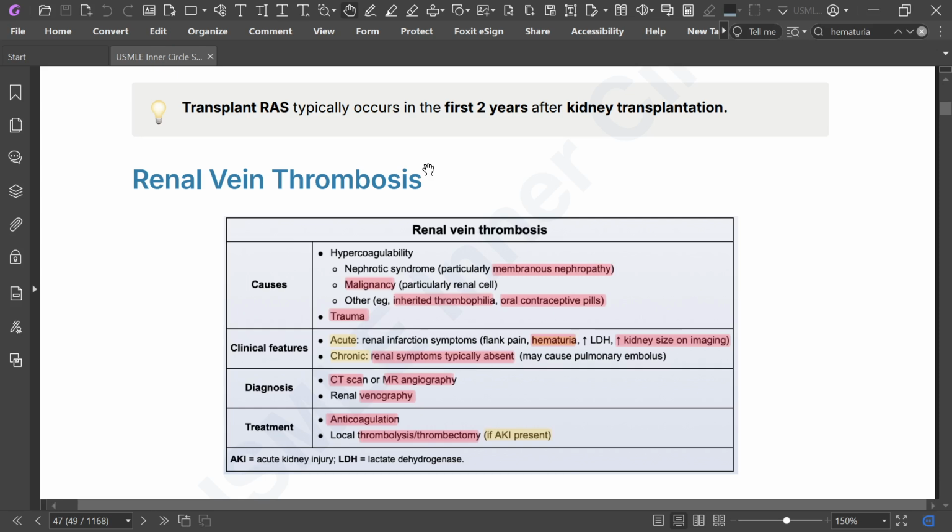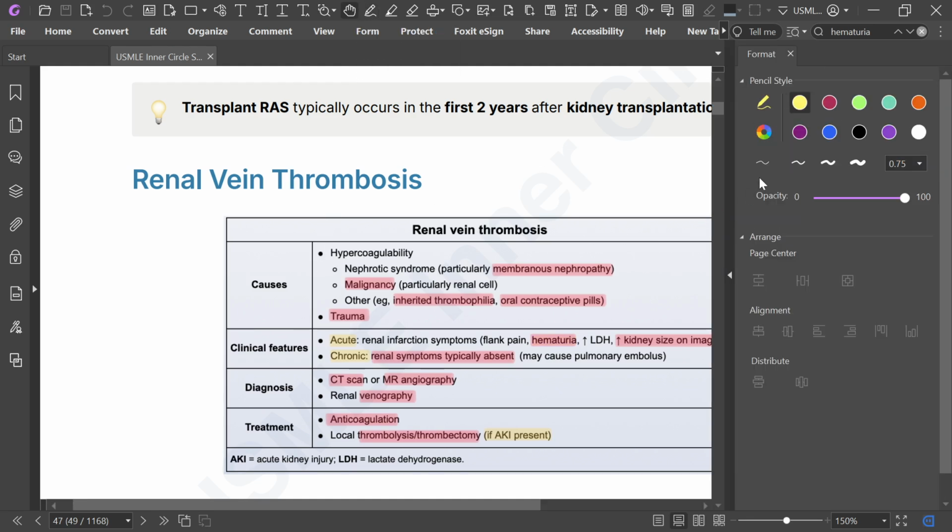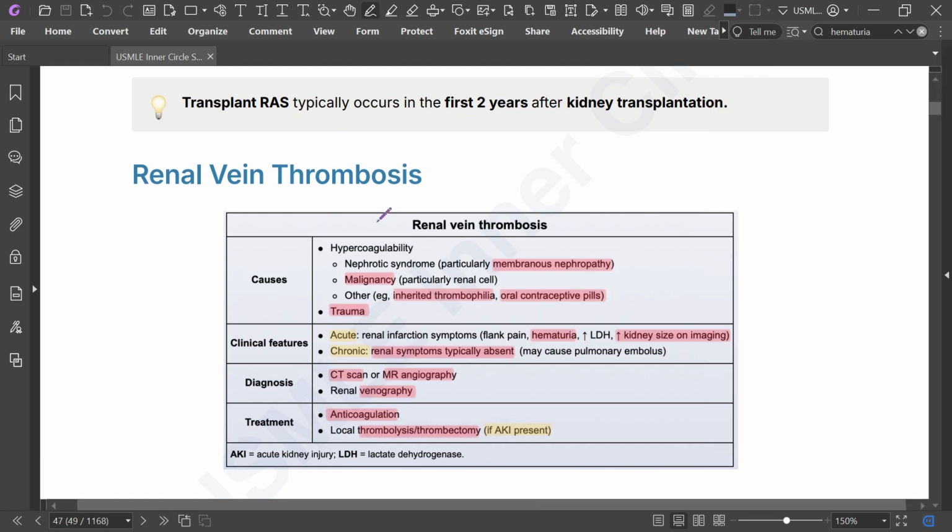In renal vein thrombosis, the cause is hypercoagulability or trauma. In hypercoagulability, there will be nephrotic syndrome.